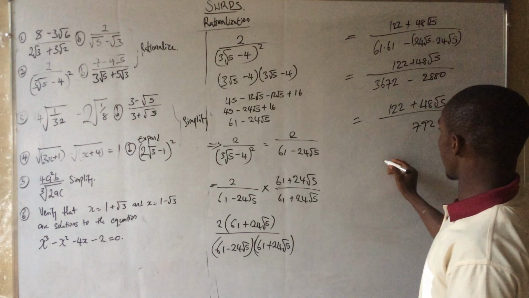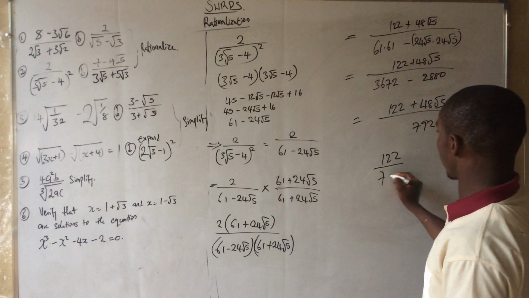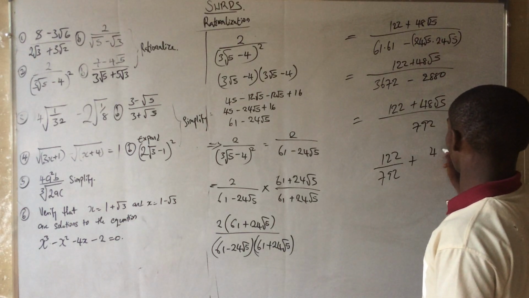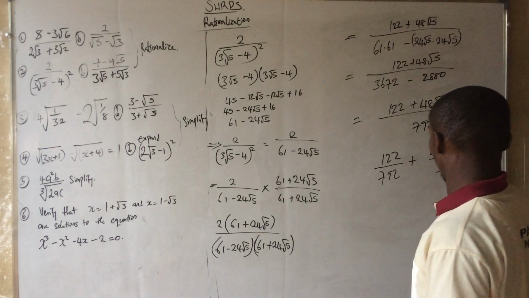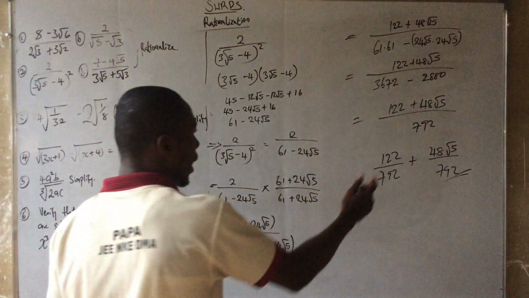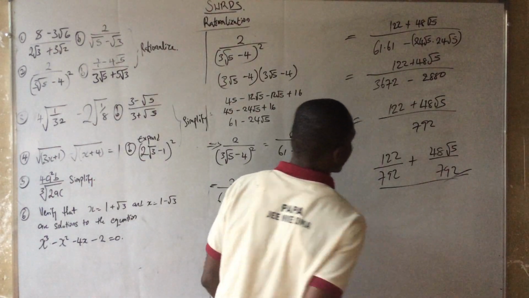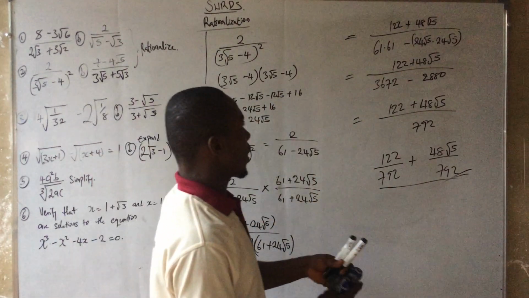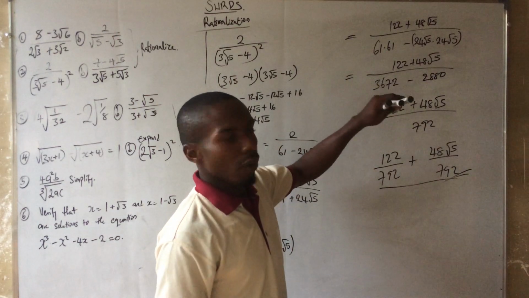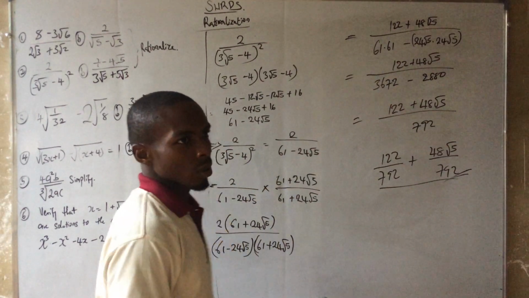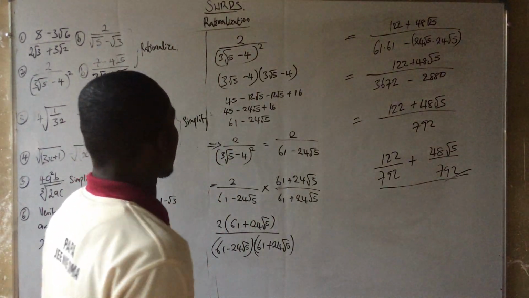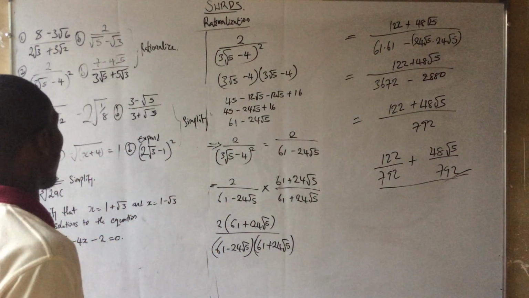So you can split it to have 122 over 841 plus 48 root 5 over 841. So that is your answer. Please, if I make any mistake here, you just correct me, because I just roughly got the 3672.